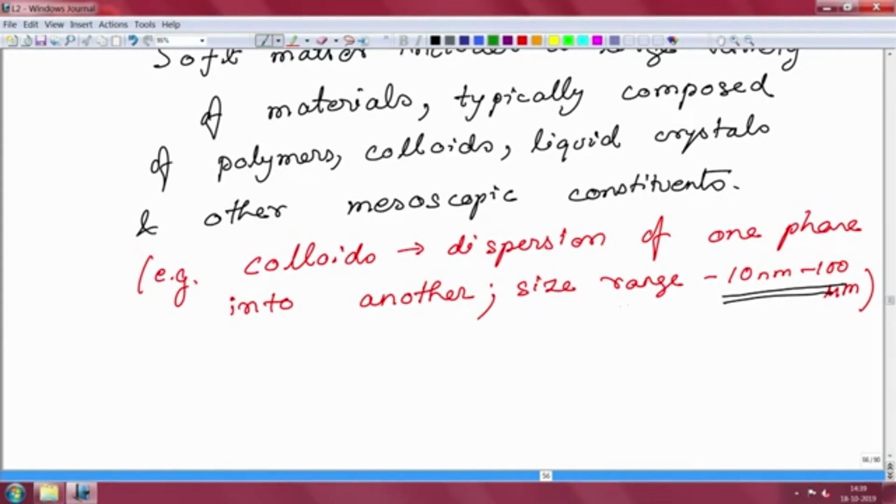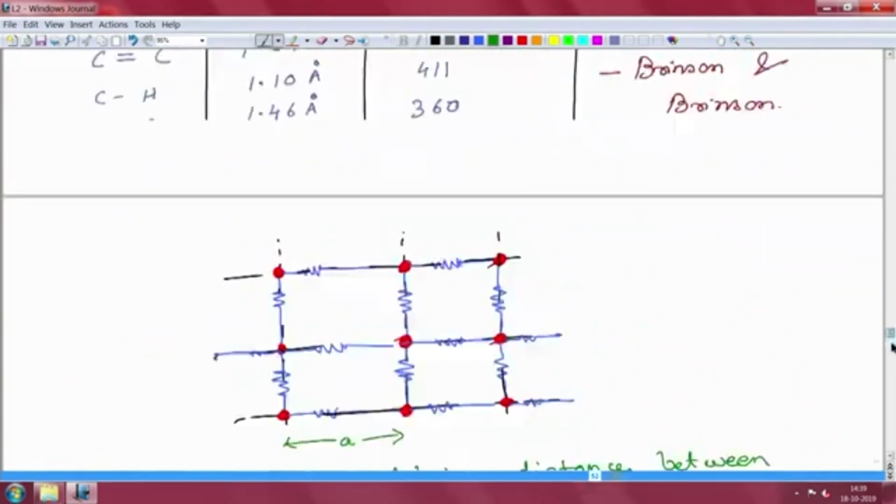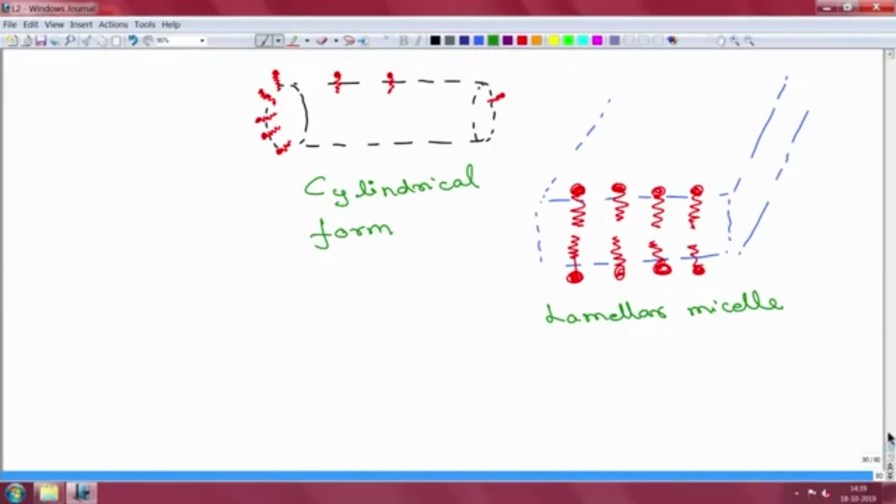And we had said that this size range applies to only one particular dimension and not to the others. The reason is that something like a lamellar micelle would be classified as a colloid, even though this dimension can extend for maybe even millimeters and larger. It need not be constrained along the direction of the film, but it will still be a colloid.